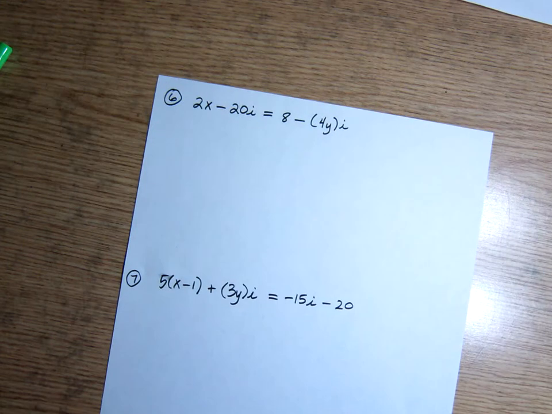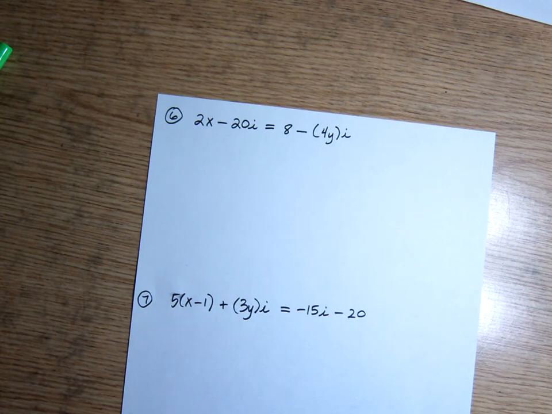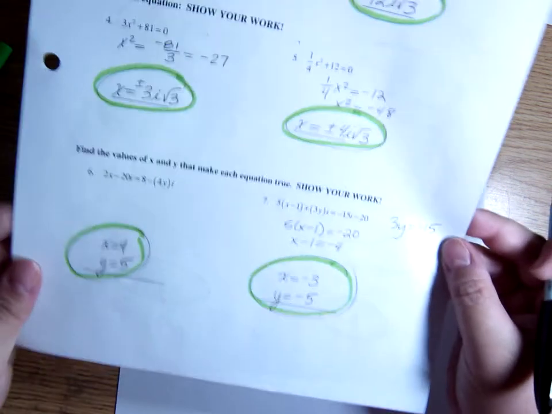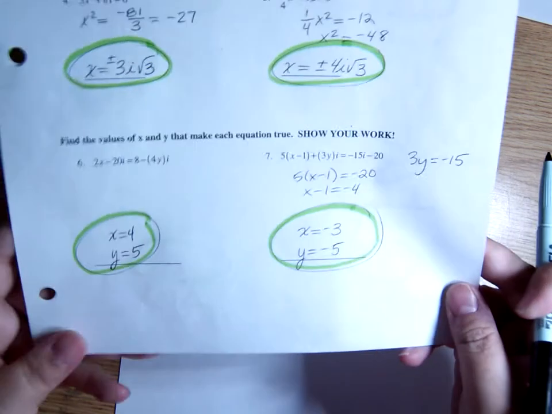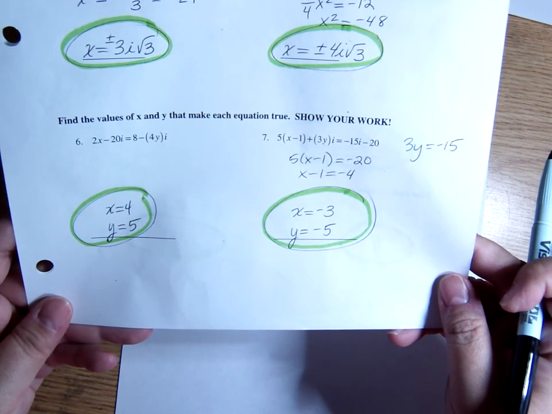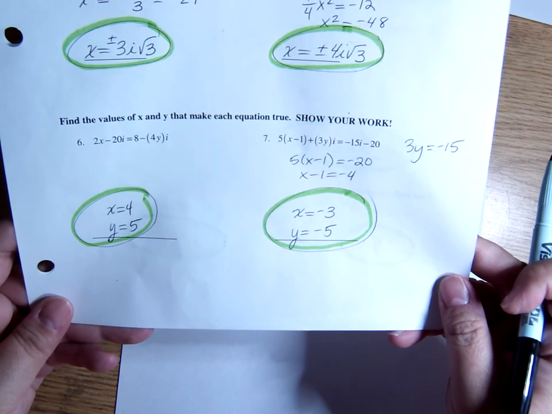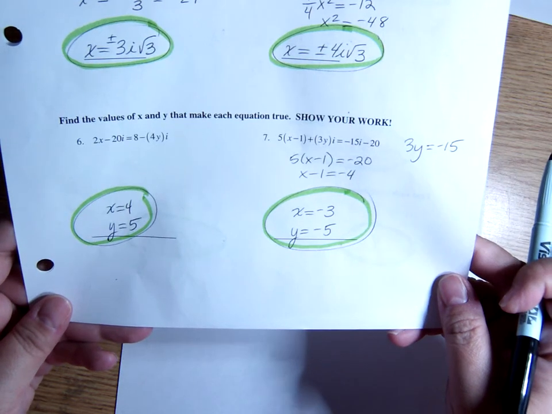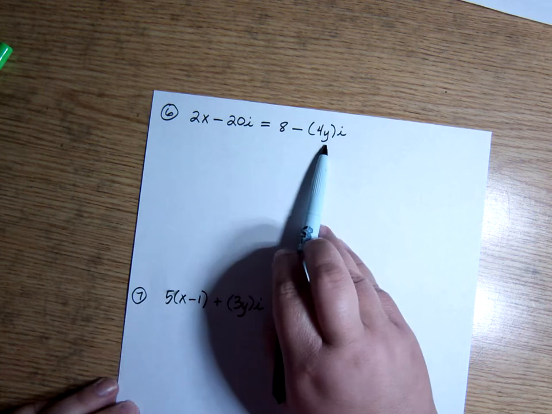Next, number 6. This says find the values of x and y that make each equation true. Show your work. There were some of you who missed this. Some of you have struggled with this, and really, if you are struggling with it, I think it's because you don't understand how easy it is. It really is easy. All that you're doing here is you're saying this complex number equals this complex number.